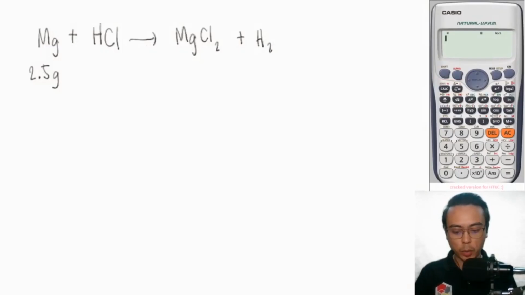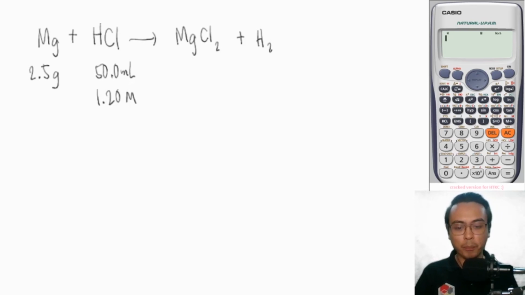So we write that we have 50 ml of 1.20 molar HCl. It is from these two numbers that we determine the number of moles of HCl. And the problem is asking us for the mass of magnesium chloride that was produced from this reaction.